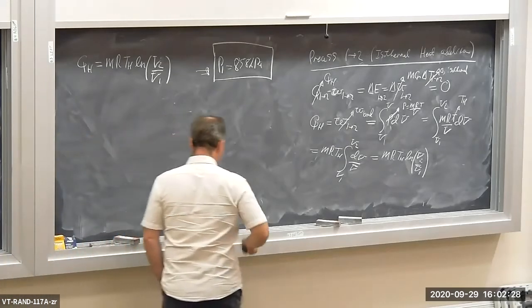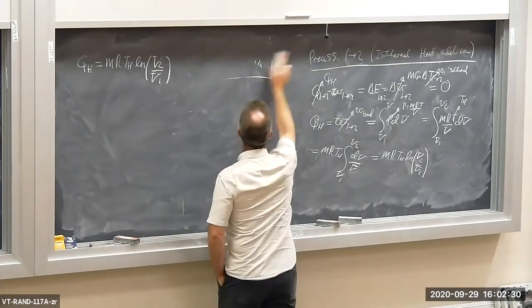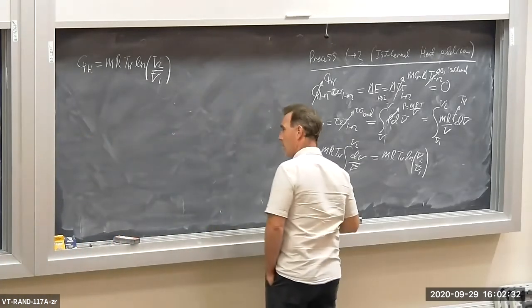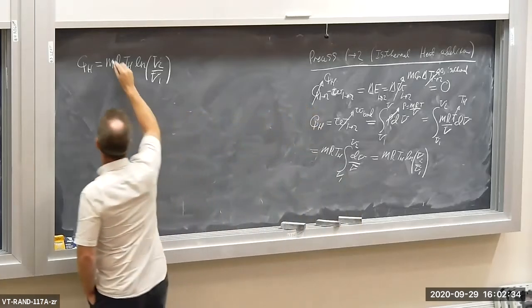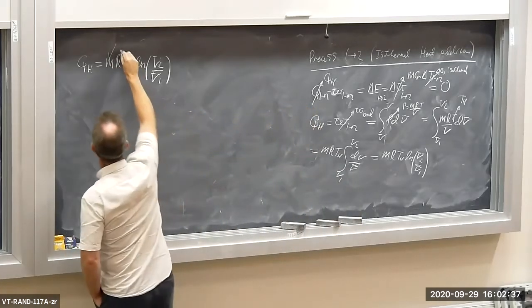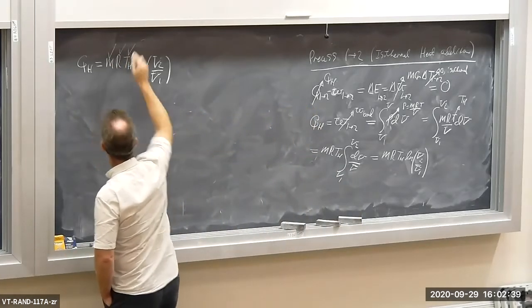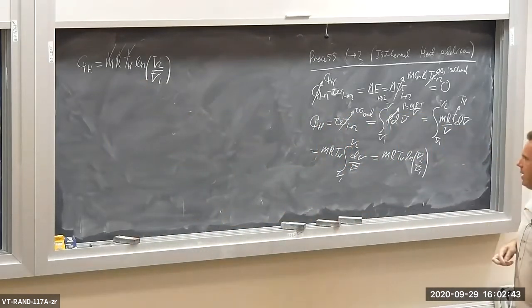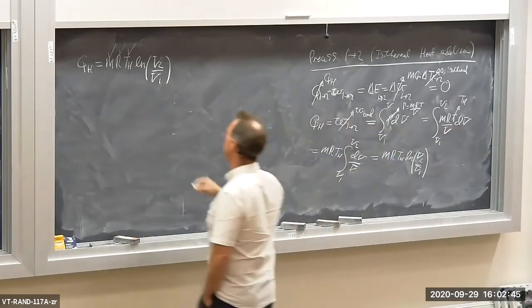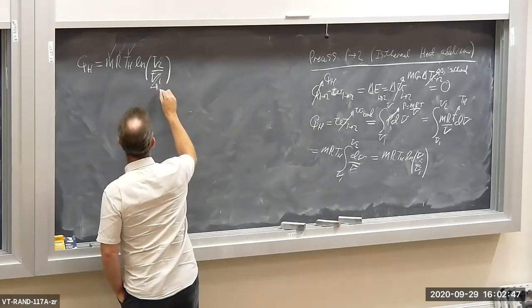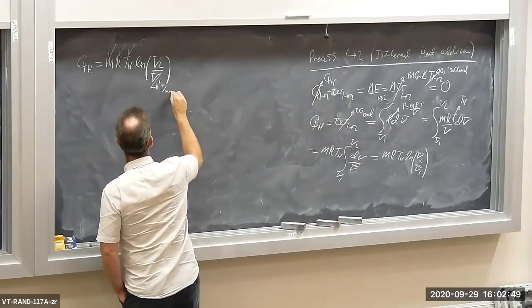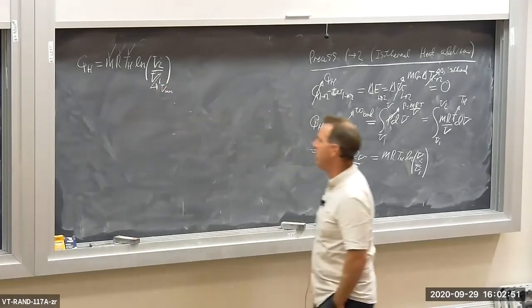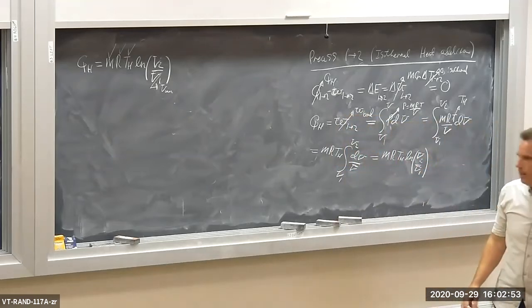Now let's take a look at this and see what we got, what we need to get, and what we already know. Let's see, I know the mass of the air. Of course, I know the gas constant for air. I know the high temperature reservoir temperature, TH. V1, in this case, is V min. But I don't know V2.